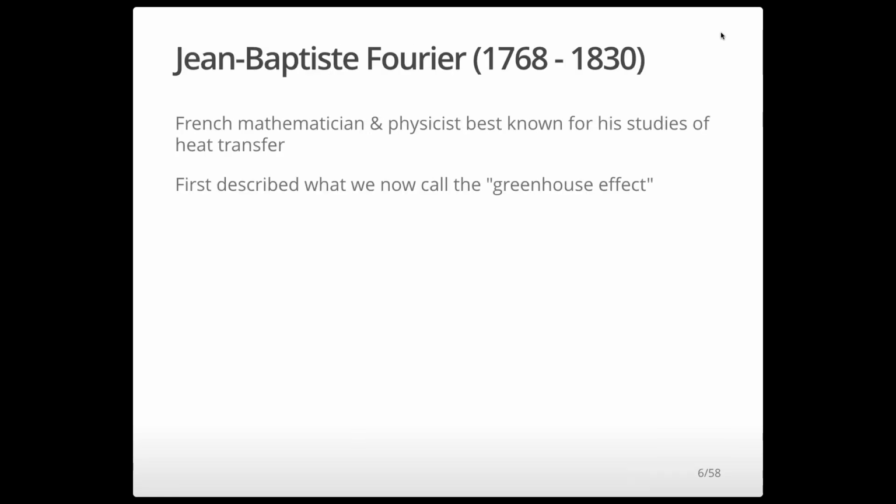So to motivate this, we should probably introduce a rather famous mathematician and physicist from the late 1700s, early 1800s, Jean-Baptiste Fourier, who spent a lot of time working on heat equations and vibrational aspects. He was interested in how vibrations cause heat and how heat transferred from subject to subject. And it's actually not particularly well known, but he is, in essence, credited with discovering the greenhouse effect.